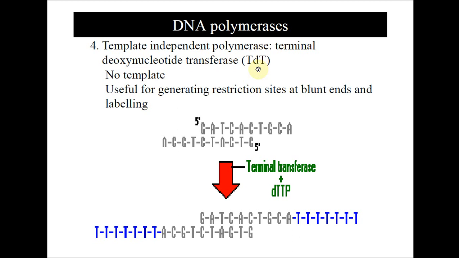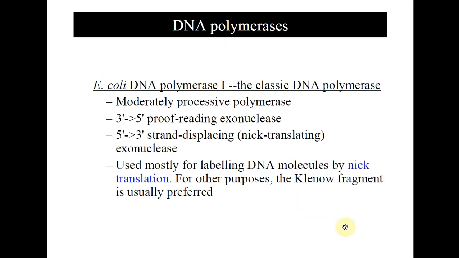This enzyme, irrespective of template, adds single nucleotides, many single nucleotides at one end, either thymine or adenine or guanine or cytosine. This is a template independent enzyme, does not require any template. This adds single nucleotides many times independently.